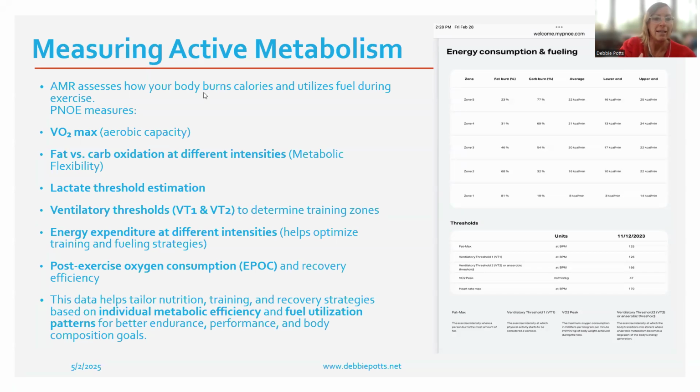So when we're looking at the active metabolism, AMR, it's how many calories you're burning and the fuel you're using. When we're doing PNOE testing, I've kind of changed it, not to say VO2 max, it's the VO2 peak that I really see.